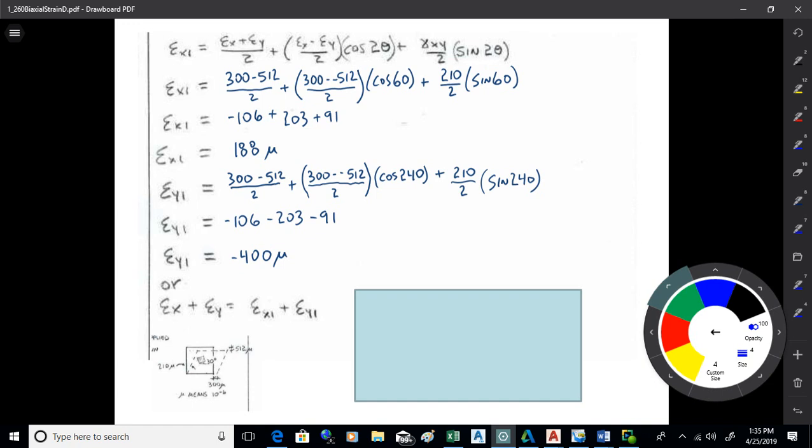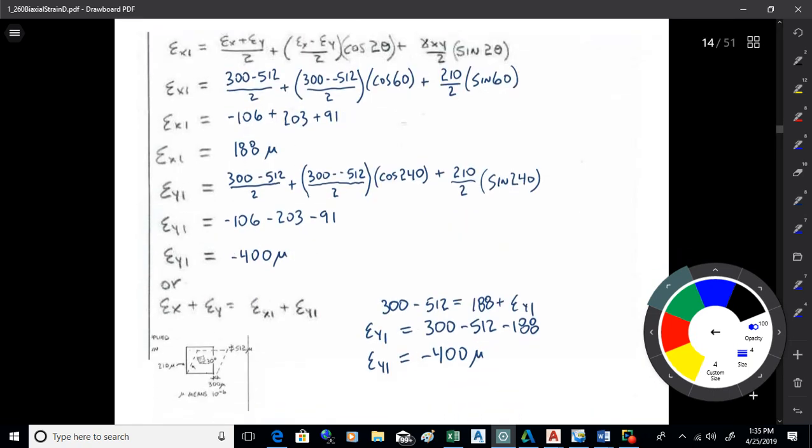Now, just like with the biaxial stress stuff, there's a shortcut formula you can use. It's right there. So epsilon x plus epsilon y is epsilon x1 plus epsilon y1. We've got epsilon x, we've got epsilon y, we've got epsilon x1. We plug them all in. We can solve for epsilon y1.